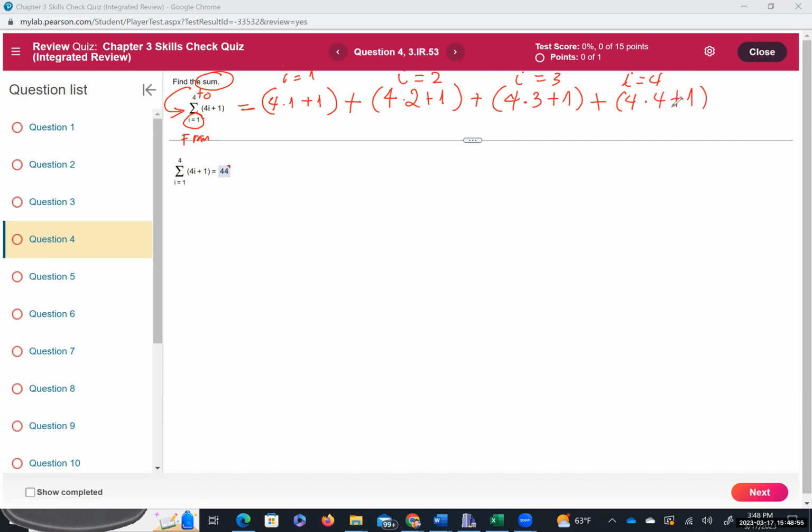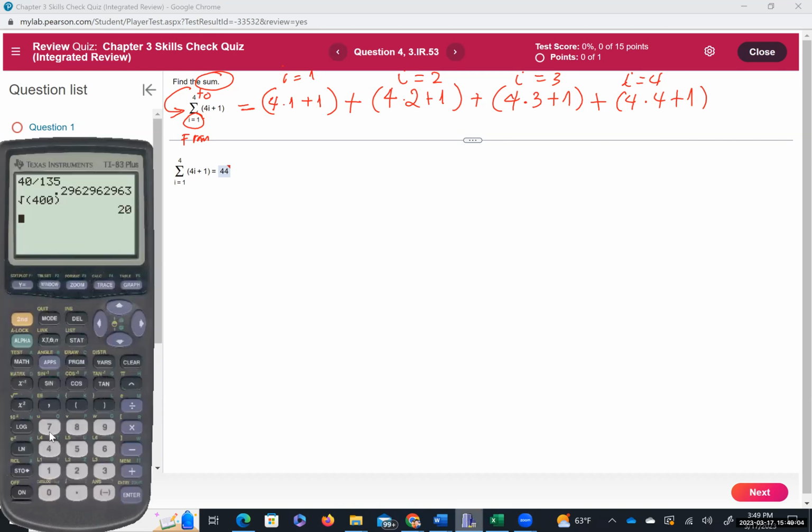Okay, so for this one, you can go by calculator to handle it. So let's use the calculator. So say 4 times 1 plus 1.